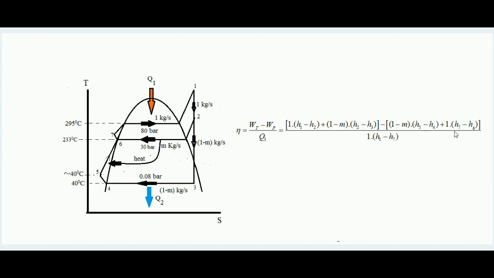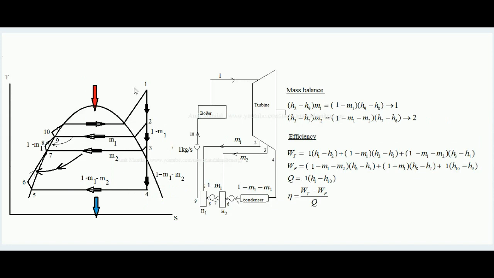So (H7 minus H6) into 1 is the pump work between 7 and 6. This is the net work done in the numerator. In the denominator, the net heat input would be (H1 minus H7) into 1, because heat input is between 7 and 1, with 1 kg per second of steam flow rate. So this is our efficiency expression for this particular Rankine cycle.